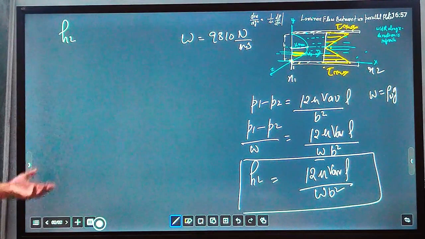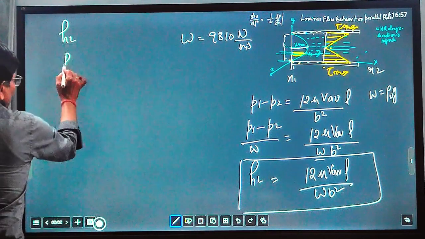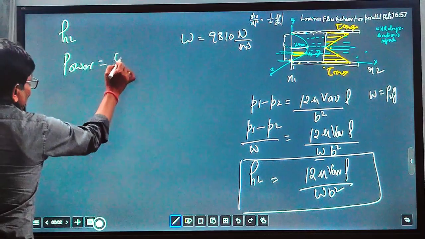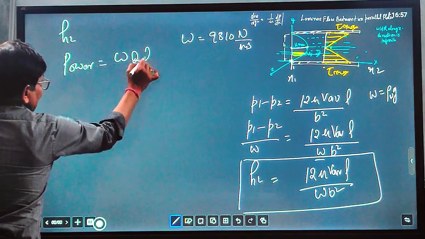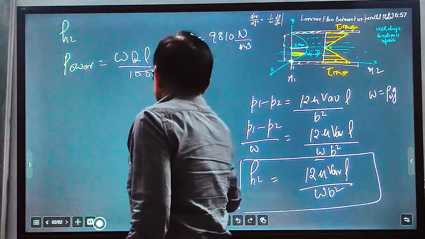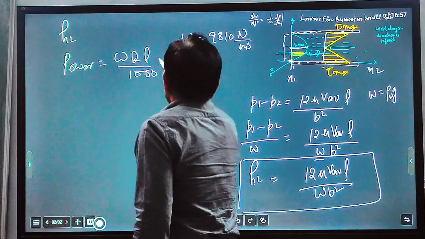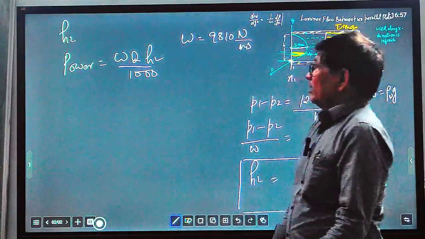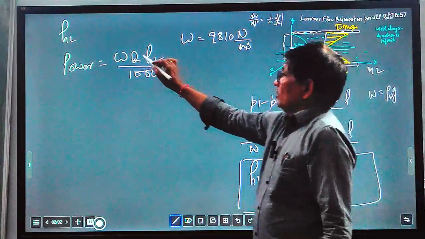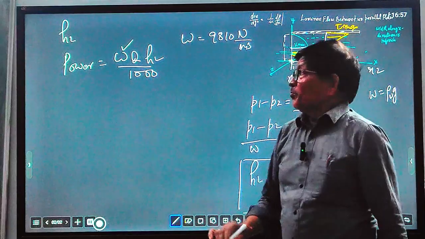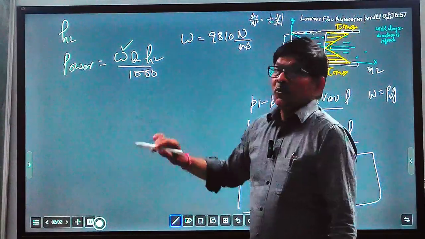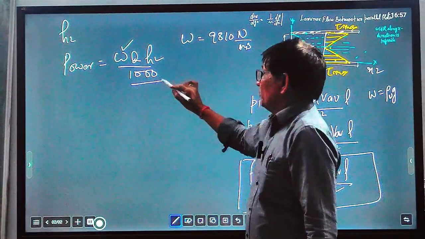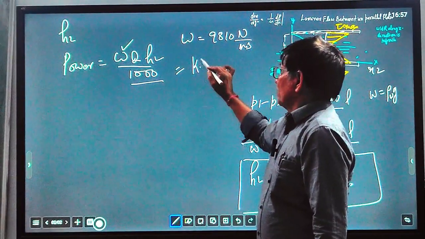If you know the head loss, then you can find the power required. Power required equals omega Q HL upon 1000. Omega is the specific weight of the liquid, Q is the flow rate in meter cube per second, and dividing by 1000 gives power in kilowatt.